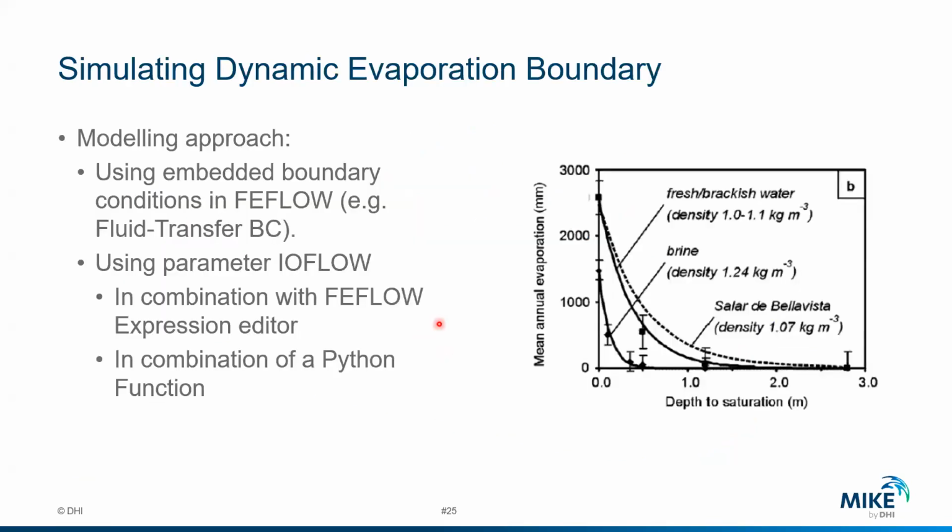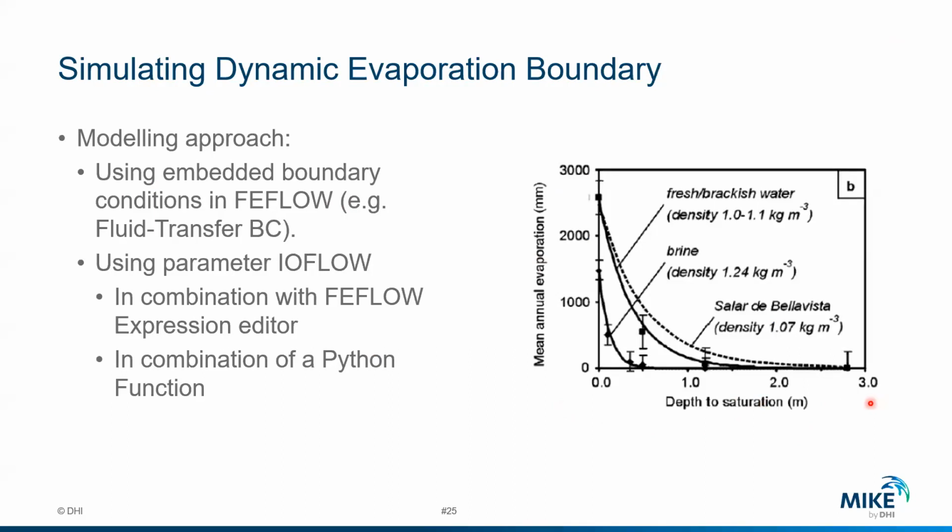Other things that are always asked, and I just put it here, especially for that case of the salar, because we are talking about evaporation, people like to simulate evaporation depending on depth of saturation, or groundwater extinction depth as it is also called.